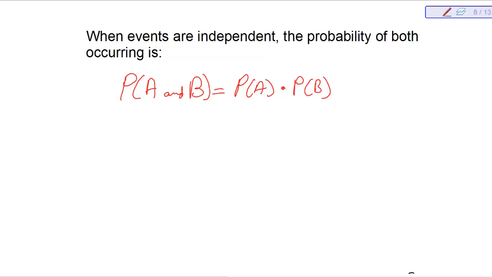Here we're talking about the probability that A and B occur, and we're going to multiply. So that's going to be the major difference here. Also, that we're wanting this one to occur, then this one, or vice versa.